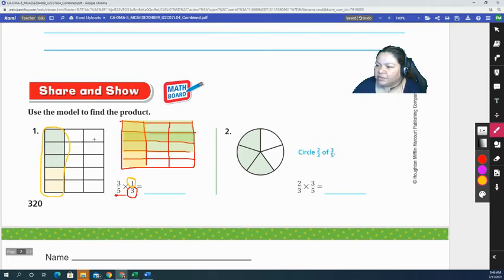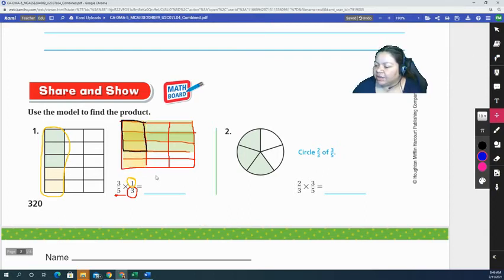What really counts is what shaded twice. Okay? So what shaded twice, if you look here closely, these squares right here are the ones that were shaded twice, which is 1, 2, 3.